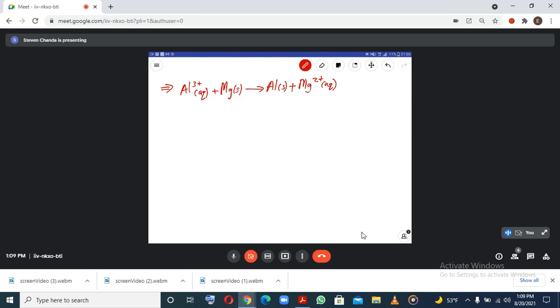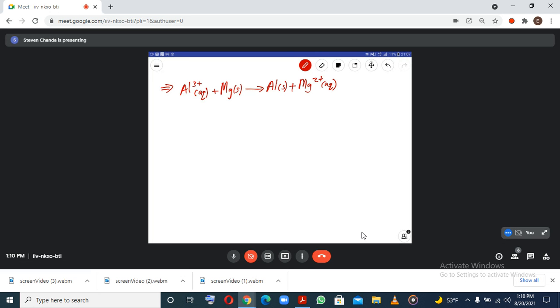So what you're going to do first of all is look at which one is being oxidized and which one is being reduced, right? So from this you can tell that aluminium is being reduced, okay, and you can see that the magnesium is being oxidized, isn't it?